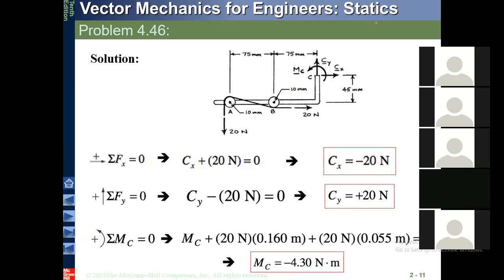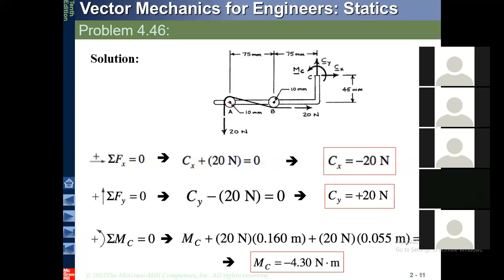Which one? The distance from this vertical force to C? You have 150 millimeter from this line, the vertical line that passes through A to C, right? You have 275 millimeter distances.